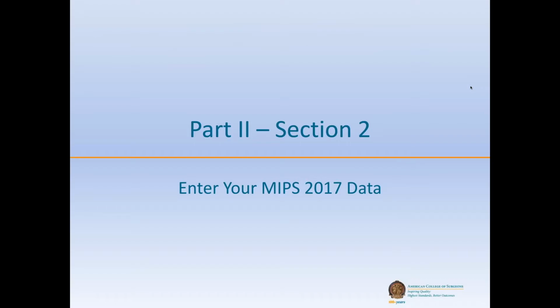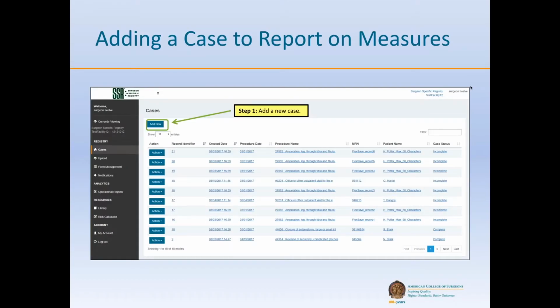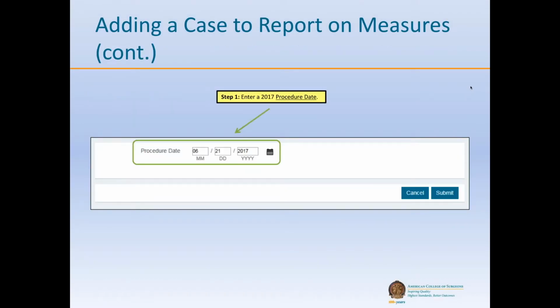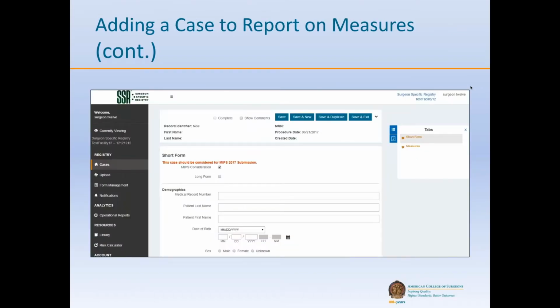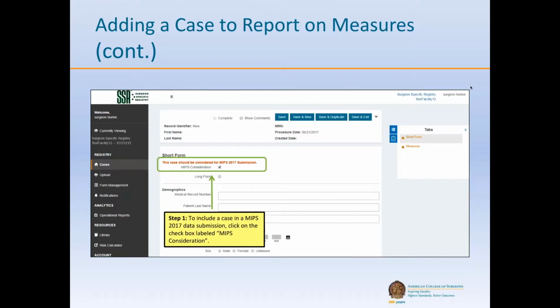Section 2, Entering your MIPS 2017 data. To begin, click on Add New to add a new case. Enter a 2017 procedure date, and then click on Submit, and the case form will open. Once the case form opens, the first selection you will want to make is the MIPS consideration button.